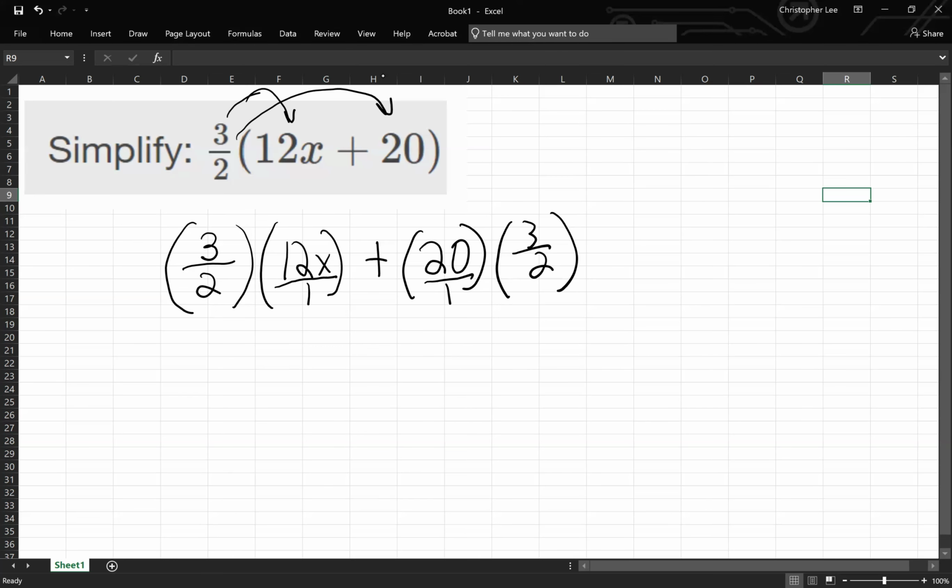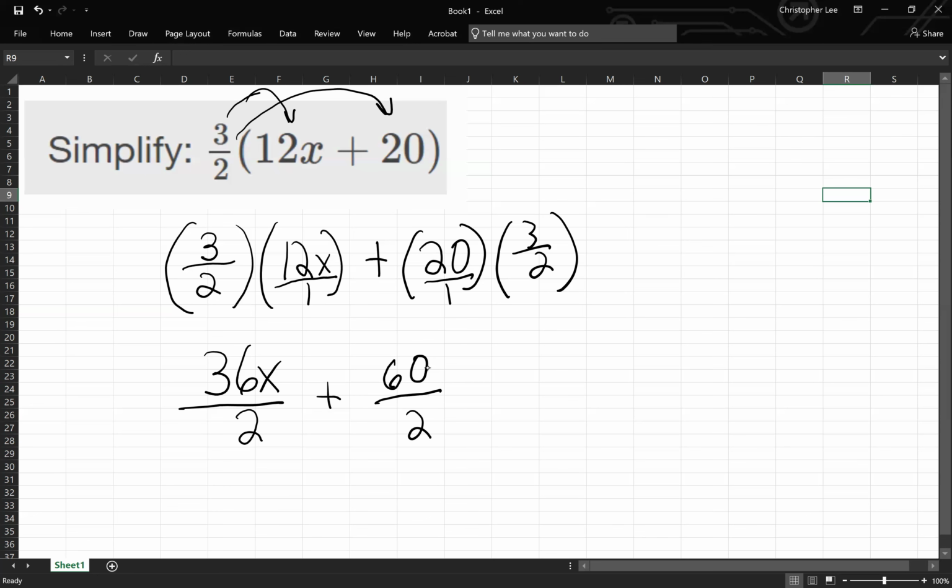All right, so what's 3 times 12? 36, right? So this is 36x over what's 2 times 1? 2, very good. Plus, what's 20 times 3? 60, good. Over what's 1 times 2? 2, right?